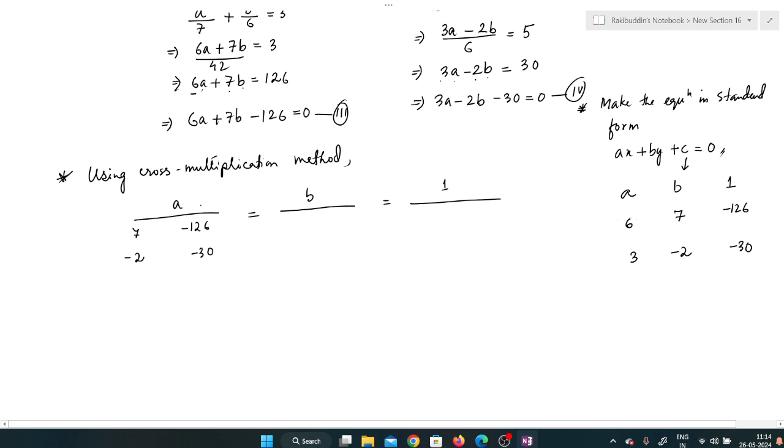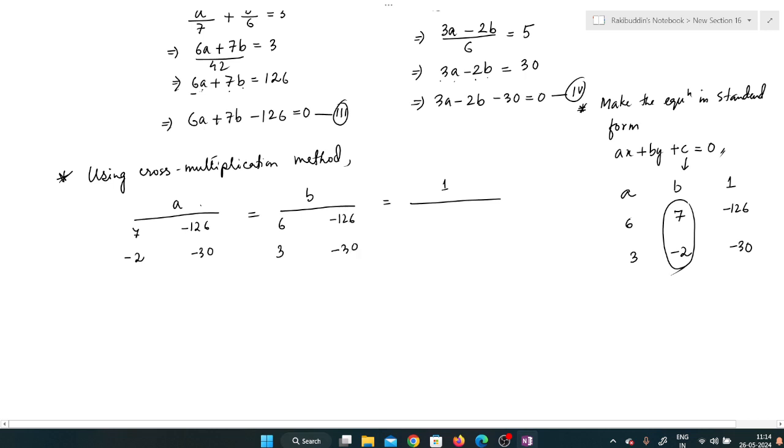Now come to b. When it comes to b, we will not use the coefficients of b at all. We will write the coefficients of a and the constants. You will not change the alignment, you will just write as it is. Which comes first, you write in the first column, and which comes second, you write in the second column.